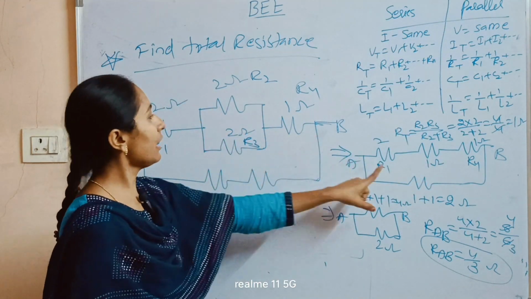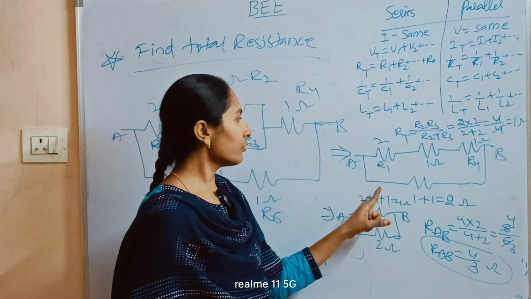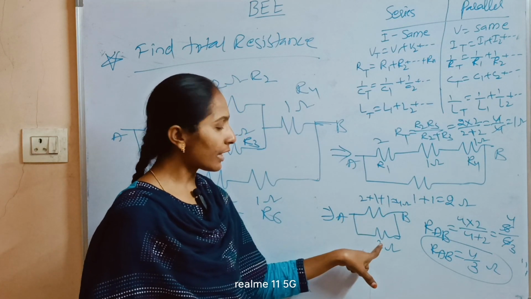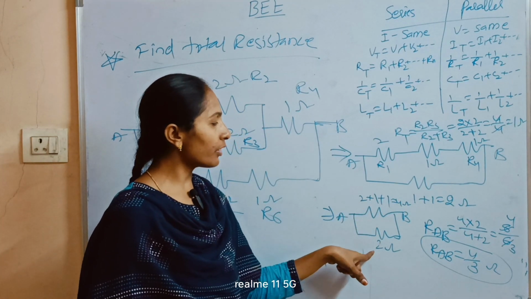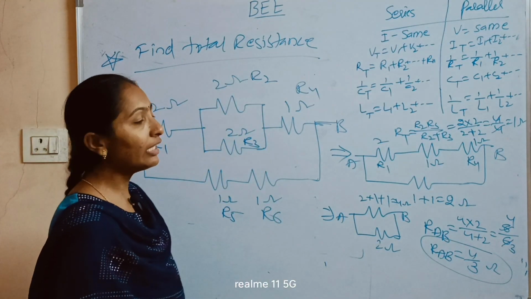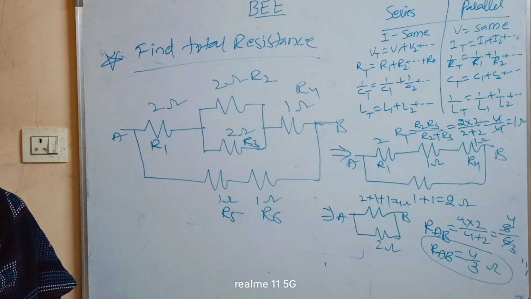Now those three are connected in series, so finally we get 4 ohm here, for this 2 ohm. Now these two are again in parallel, so just the product of those two by the sum of those two, then we'll get the RAB, the total resistance across the AB terminals.